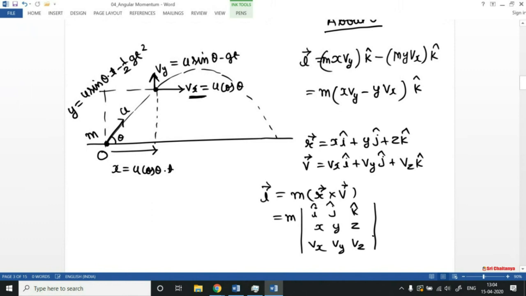So using this formula we could get this result as well.